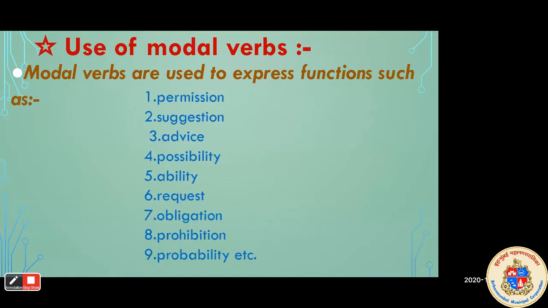You can see here functions like permission, suggestion, advice, possibility, ability, request, obligation, prohibition, probability, etc. You can also use these words in the negative way. If we use the word not with the modal verbs, you can use them in the negative sense also. In this way, we use modal verbs to express the emotions or intentions of the speaker.